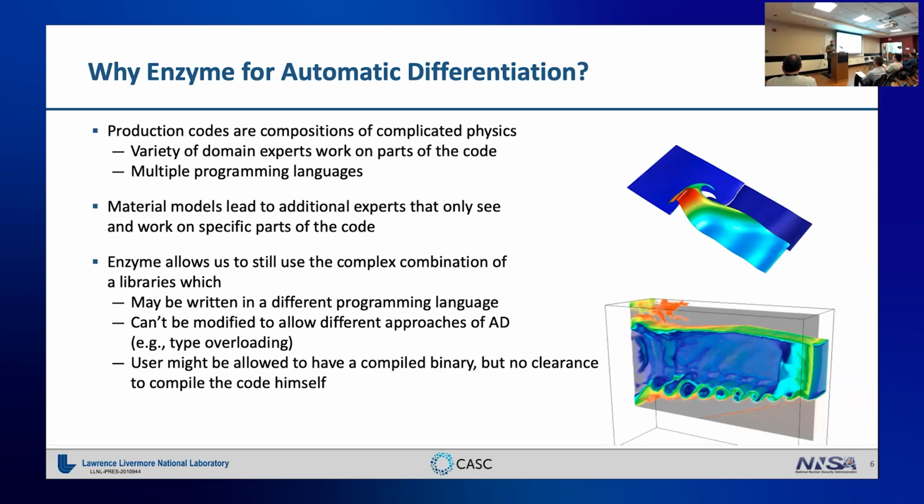So another thing is that production codes are compositions of complicated physics. There is not just diffusion, not just radiation, not just hydro. There is a combination of a bunch of those, and a variety of domain experts work on specific parts of the code. So you might have multiple programming languages that have to work together.